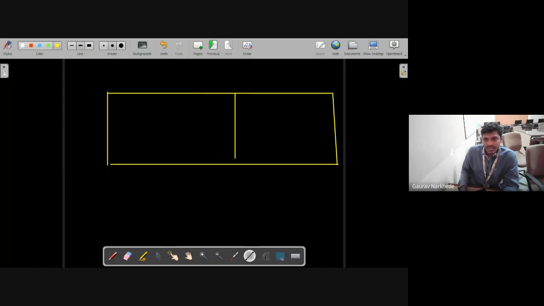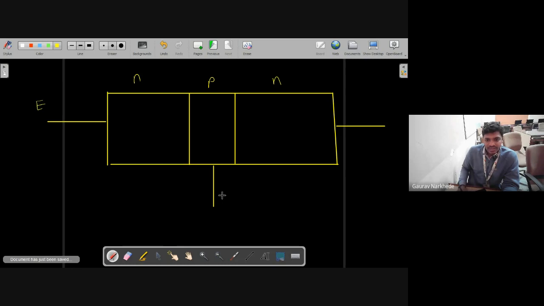This is collector, this is base, and I will take out three leads. I will name this the N type semiconductor, this the P type, and this the N type. This I will call emitter, this base, and this collector.